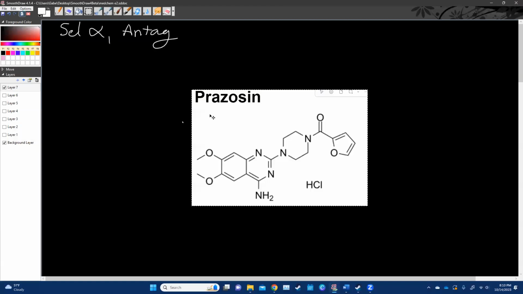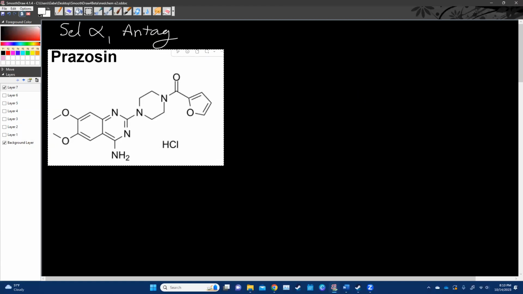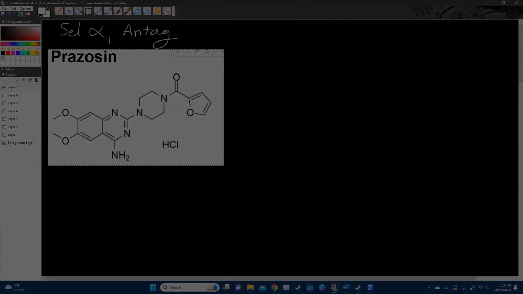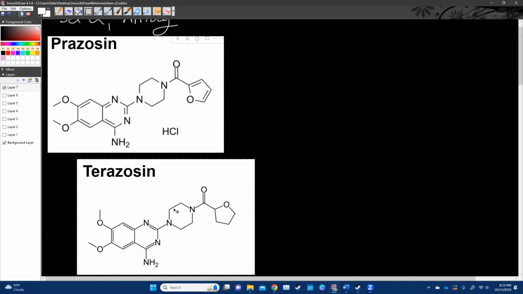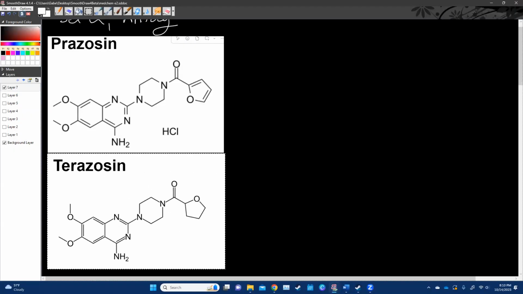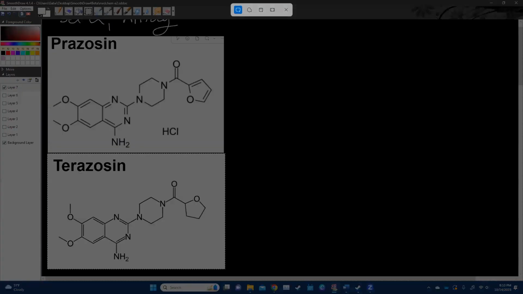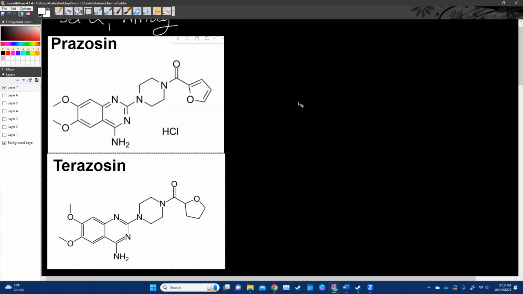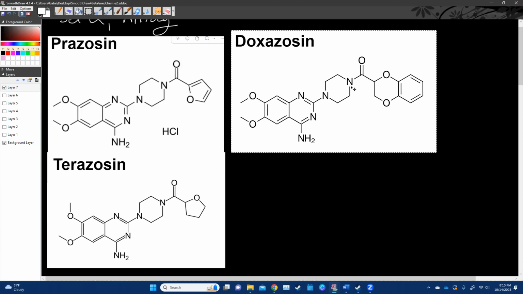When we look at the selective drugs, what we see, oop, I didn't even put the structure in for you guys. Here we have prazosin. Here we have terazosin. And probably the favorite of the three, doxazosin.